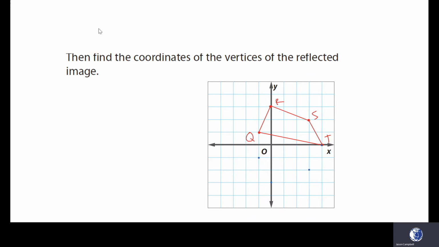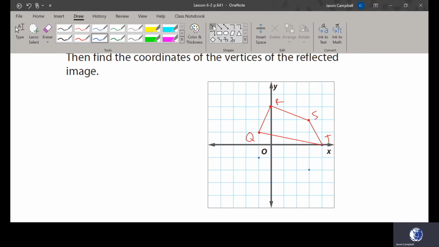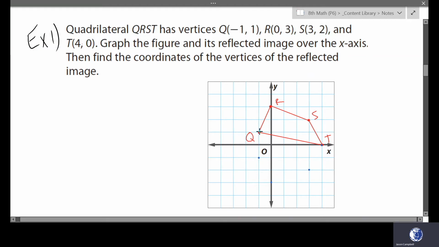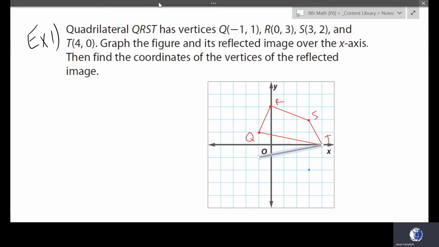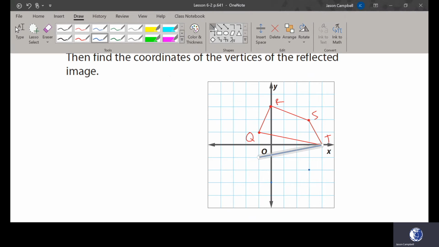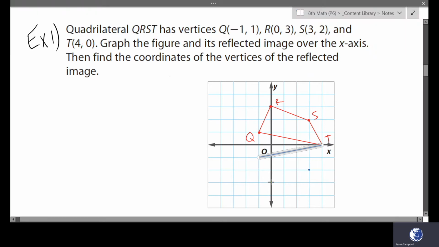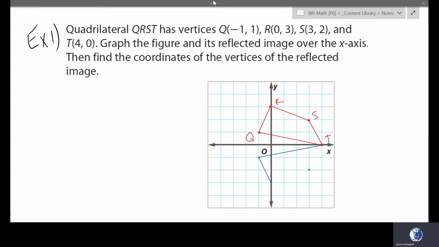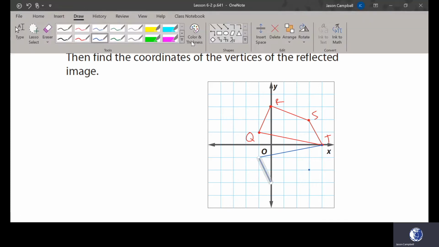Let's connect these with our lines. Here's Q to T, or Q prime to T prime. Here's R prime down here going to Q prime.